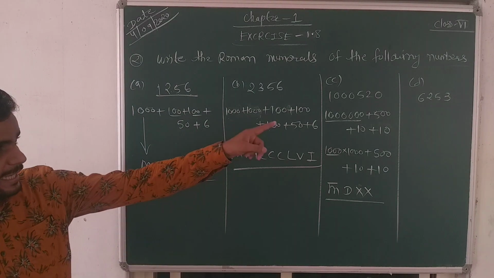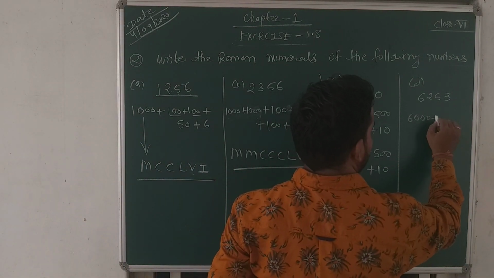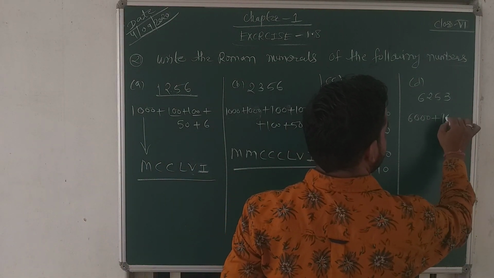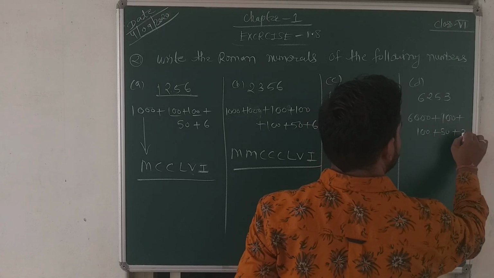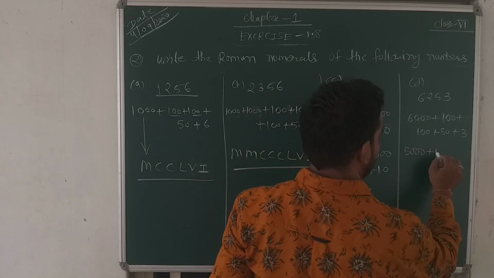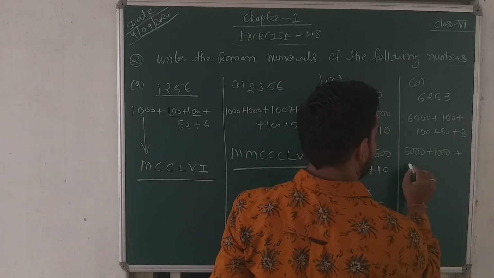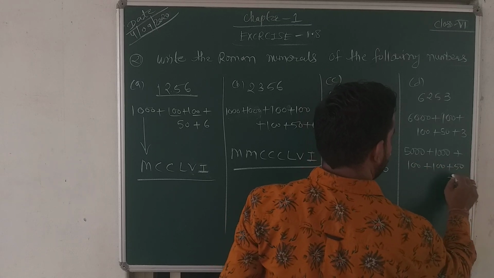The next, 6253. Then 6253 means 6000 plus 100 plus 100 plus 50 plus 3. So 6000 means first we have to write 5000 plus 1000, and plus 100 plus 100 plus 50 plus 3.